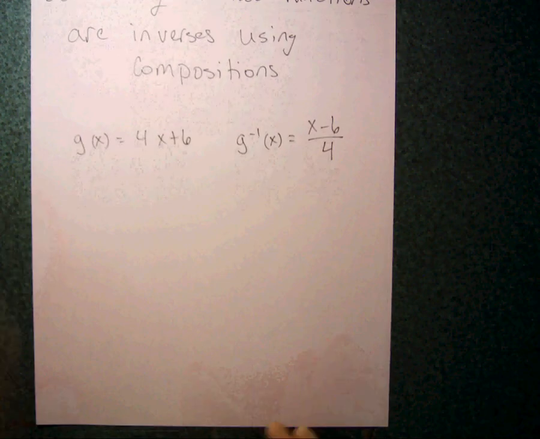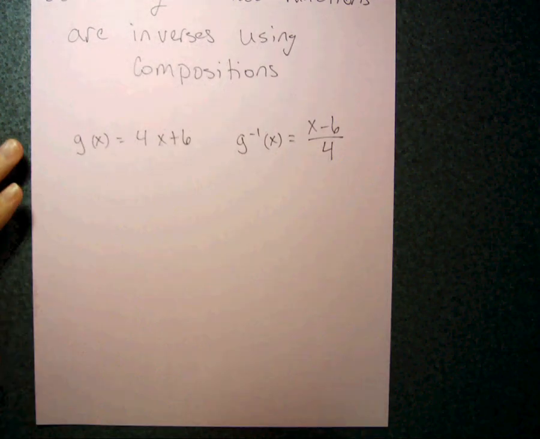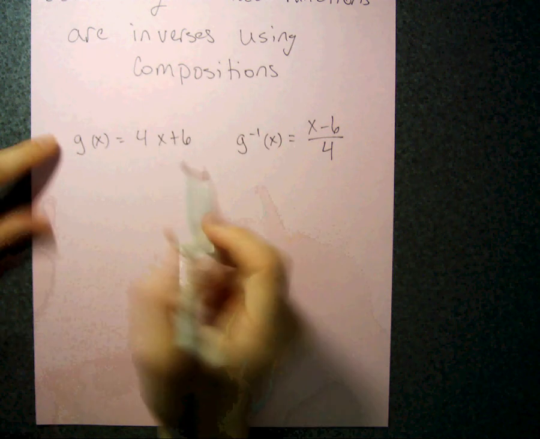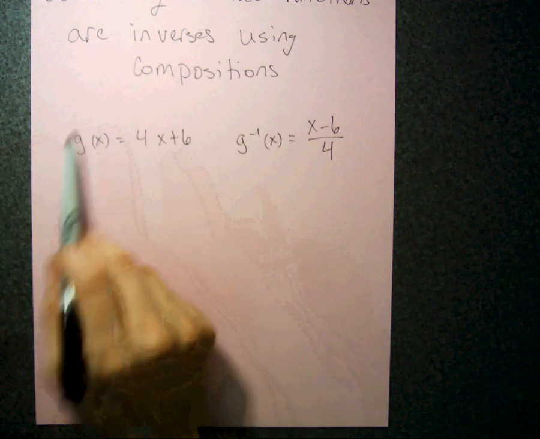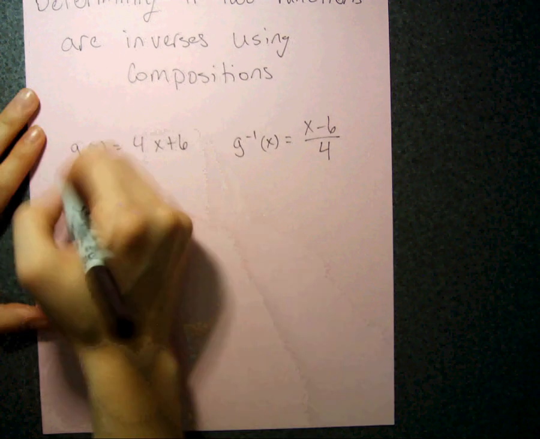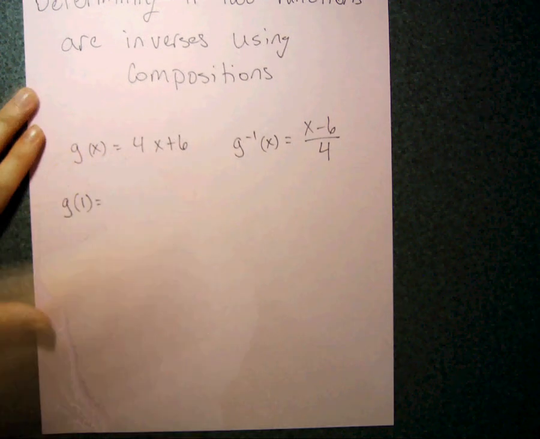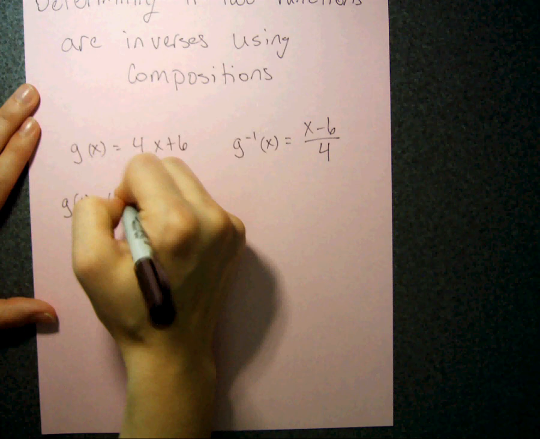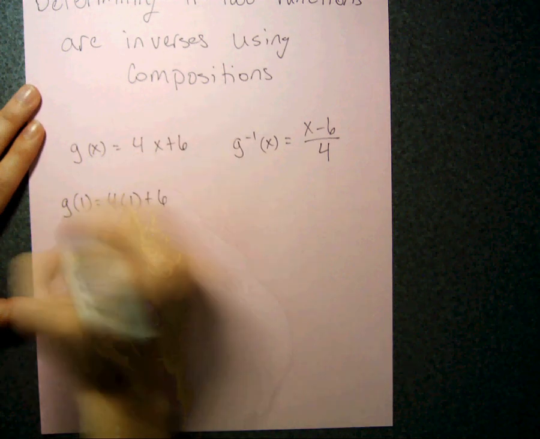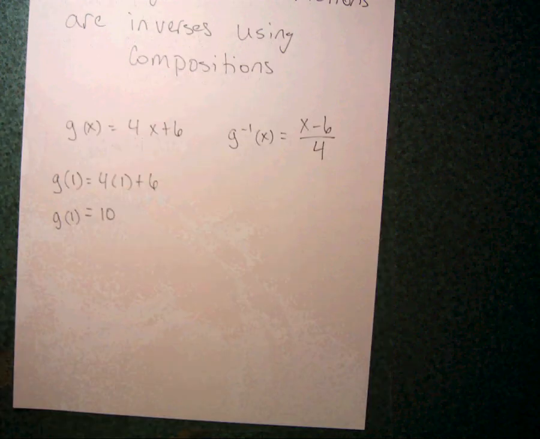We talked a little earlier that inverses undo each other, right? So look at what happens if I plug a value into g. Let's say I plug in 1. So g of 1 equals 4 times 1 plus 6. So g of 1 is equal to 10.